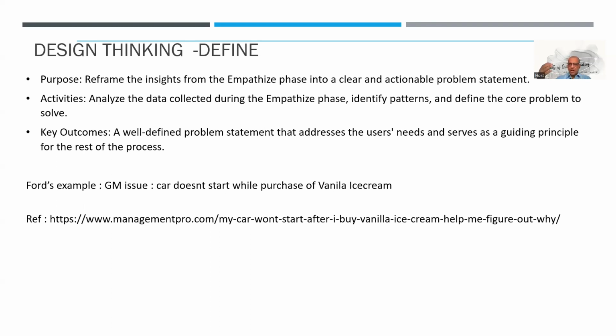Because the vanilla store was nearby, after the purchase, when the owner was coming back, the time of getting served and the time for the engine to cool was much less. So the engine needed more time to cool, and hence it was not getting started.